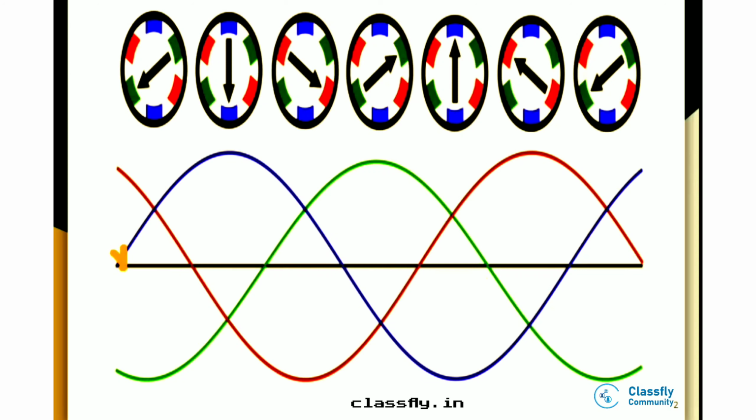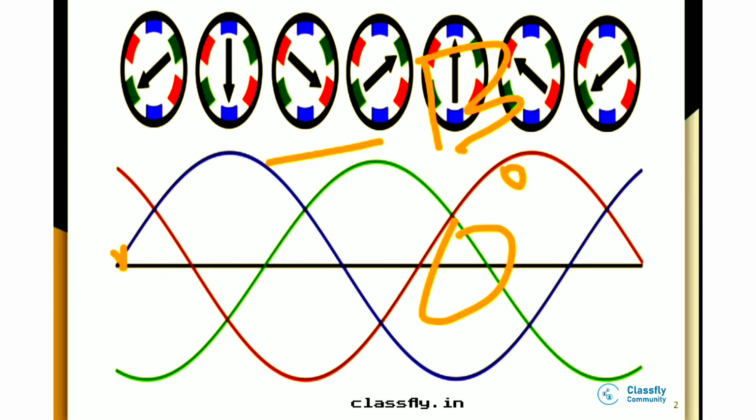Okay, so here, as I told, whenever you change phase, at 0 degree your blue one will be 0, but the green one will be minus root 3 by 2.